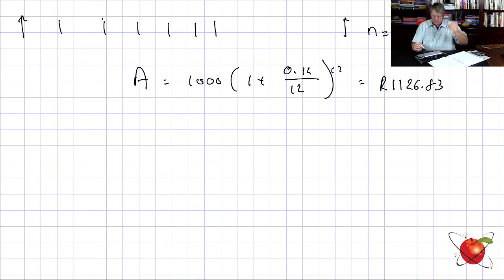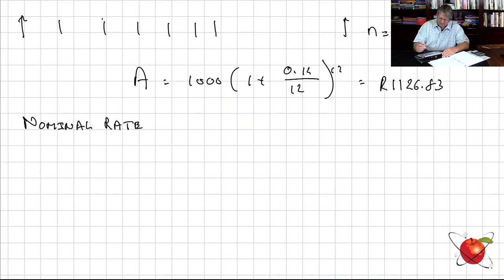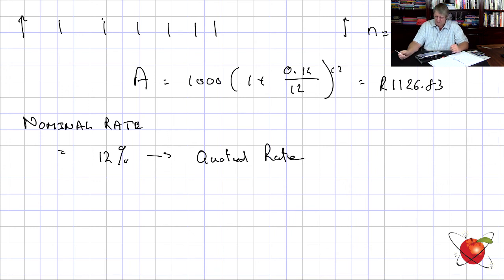Now that we've looked at the concept, the nominal rate is actually equal to, let us say, the 12%. That's the nominal rate, isn't it? This is the quoted rate. That's what you're given usually, all right?